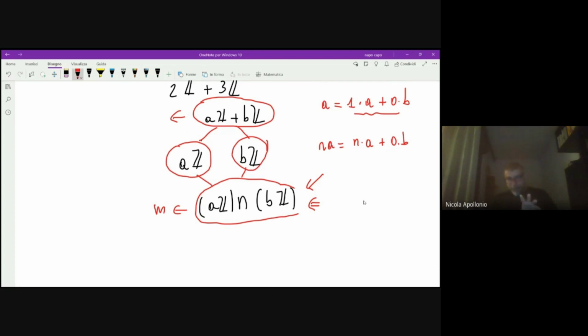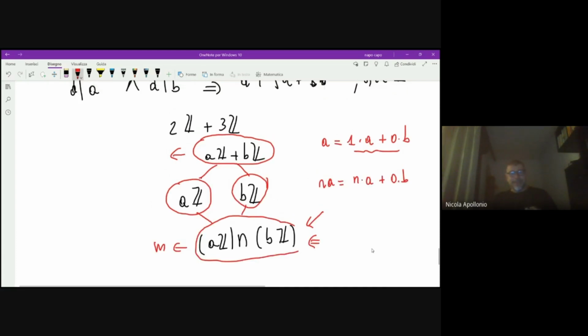And now we pause just for a few minutes. We take a little break, and then when we come back, I will try to convince you that this set is precisely the set of multiples of what?